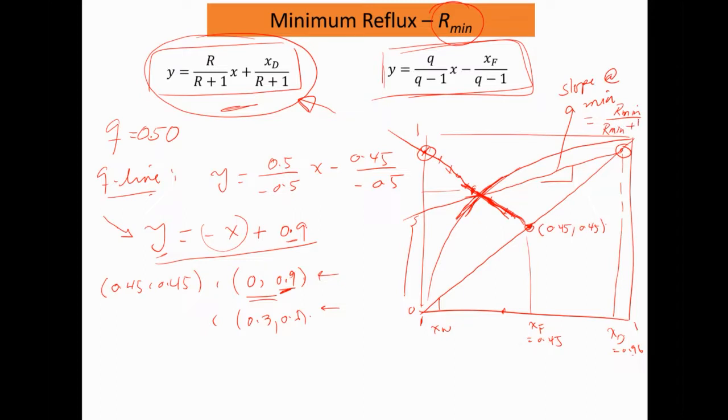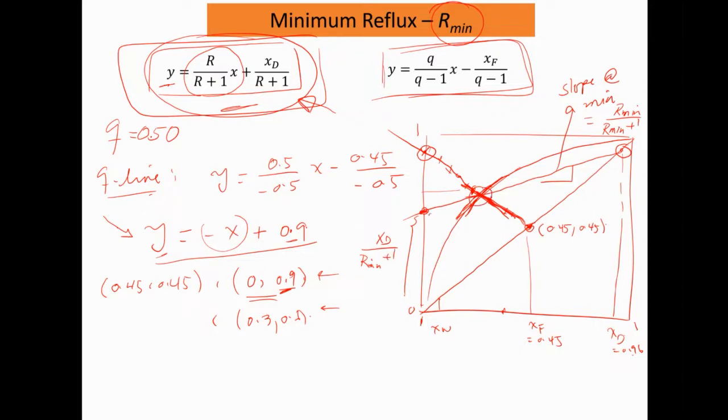Okay, so I have two options. Either I can use this one, or I can go straight to this line here. And I say at this point, what this point is going to represent is x equals 0. When x is equal to 0, y is equal to x_D over R plus 1. So this one will be x_D over R plus 1. Now, because this line is drawn at the intersection, it will represent R minimum.